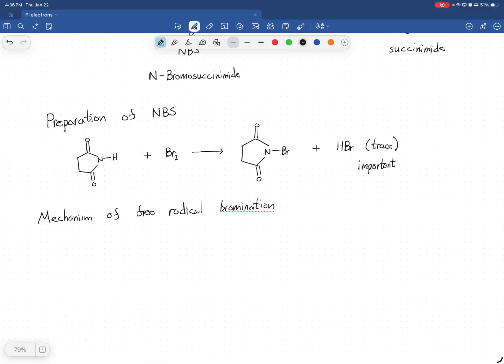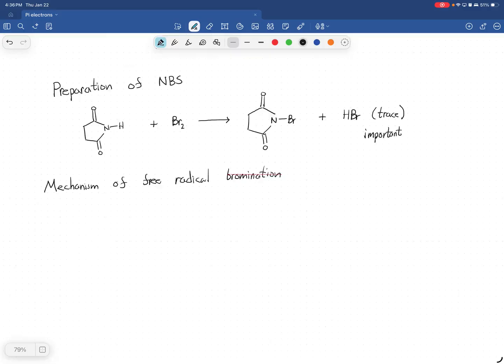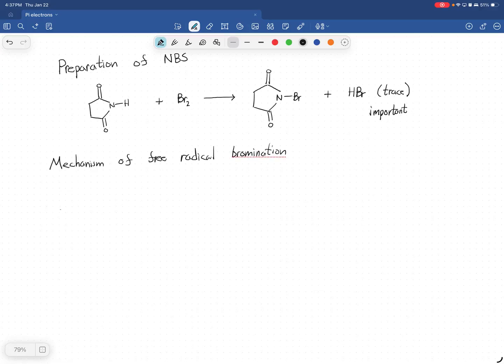The allylic position being substituted with a bromine, the hydrogen. Okay? So, first you have NBS. You have a trace amount of HBr. So if I do ask this question on a reaction, I will say NBS, trace HBr. Okay?